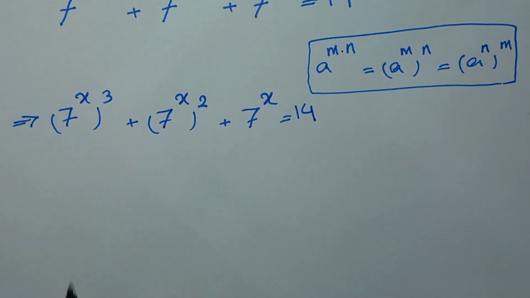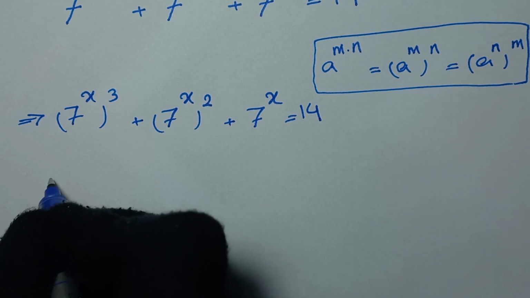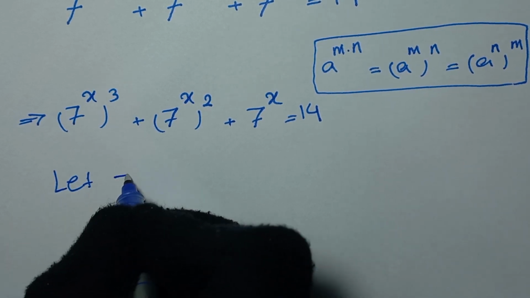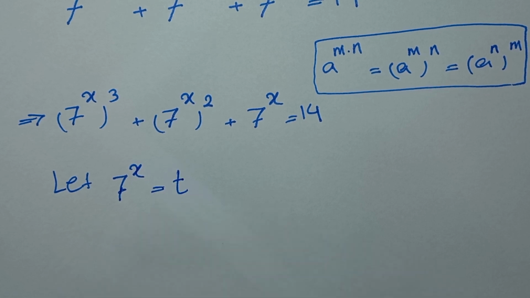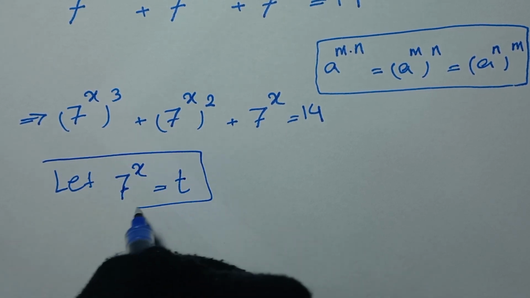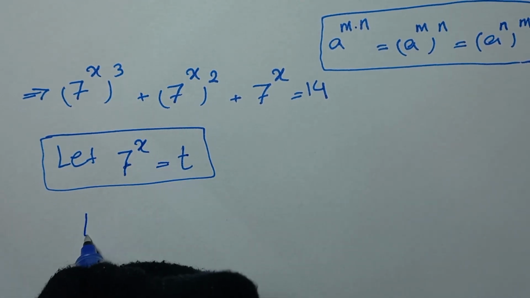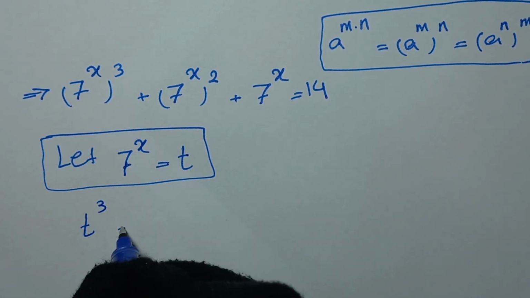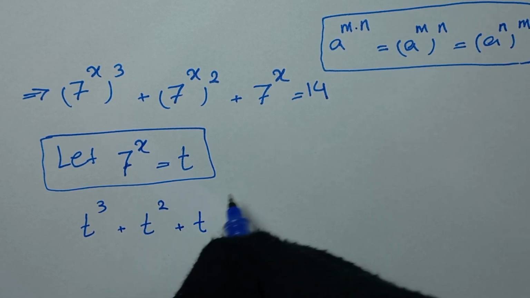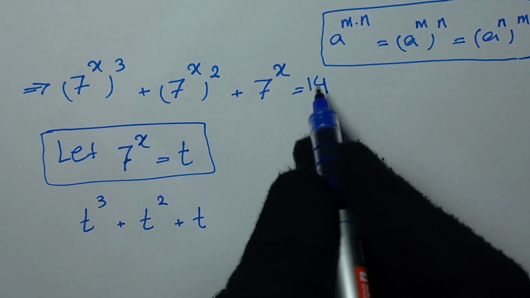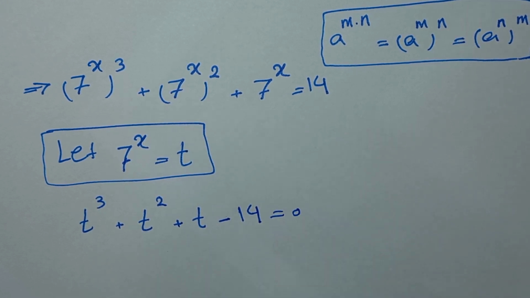And in the next step, here we have 7 to the power of x is common, and we can let 7 to the power of x as t. So, we rewrite this equation and it will be t to the power of 3 plus t square plus t, and we move this 14 to this side and it will be negative 14 is equal to 0.